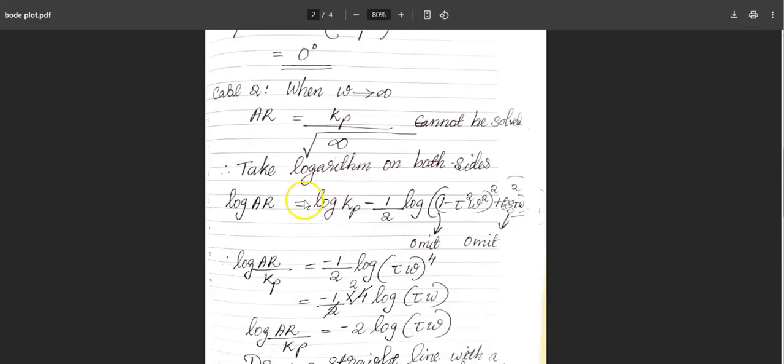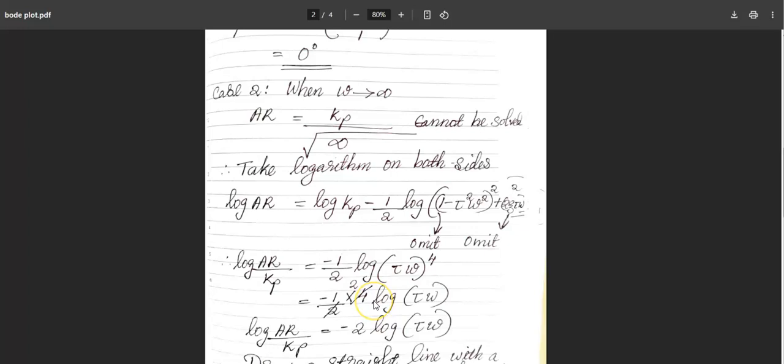Here the omega value is infinity, and when you compare infinity with 1, 1 will be a very small value. Here omega is raised to 2, and omega square is raised to 2, so this term will be very high. Therefore you can omit the other two terms and keep this term as the dominant term.